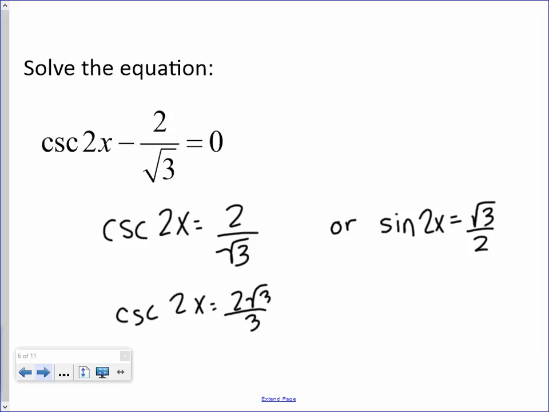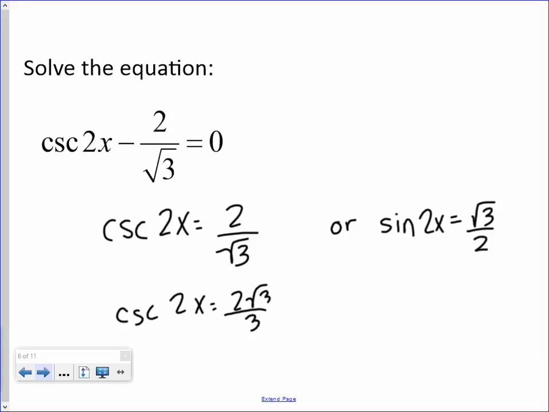Okay. Now, either one of those is acceptable, okay, because Bruin can think about what the sine would have to be and what angle so that cosecant was 2 square root 3 over 3. Okay. But I probably prefer to think about sines. So I'm thinking, yeah, sine would be easier for me to do.